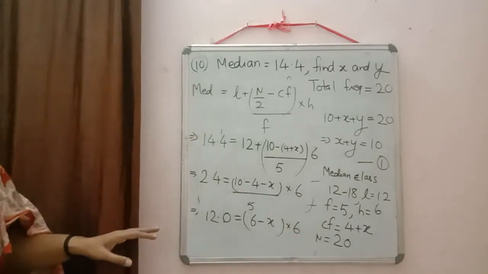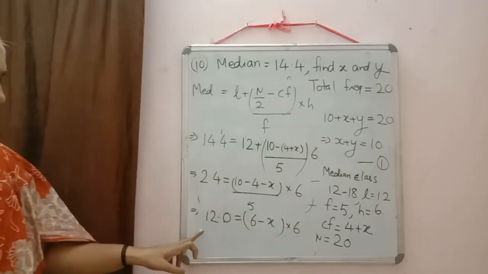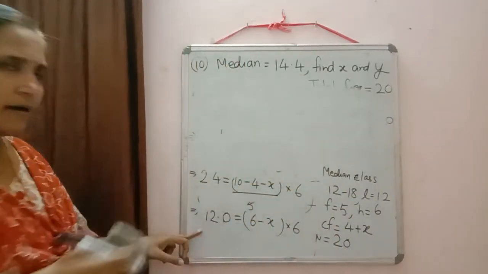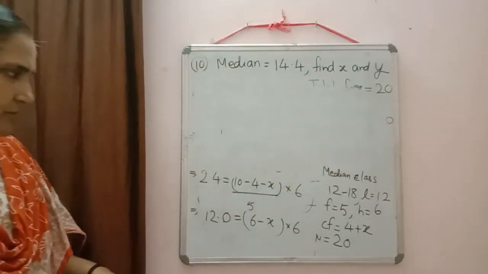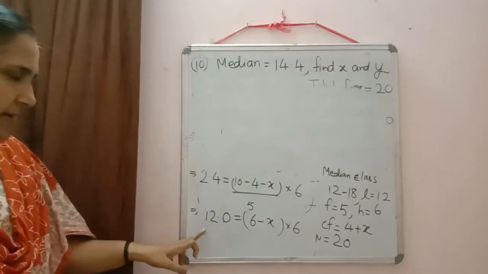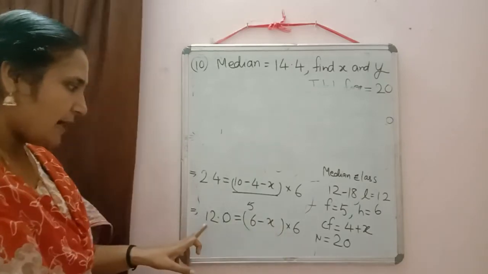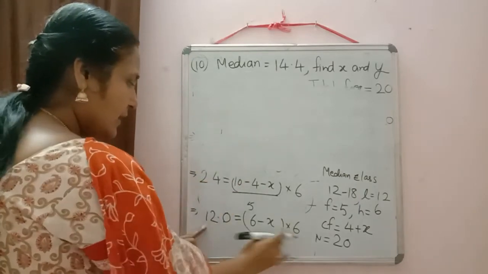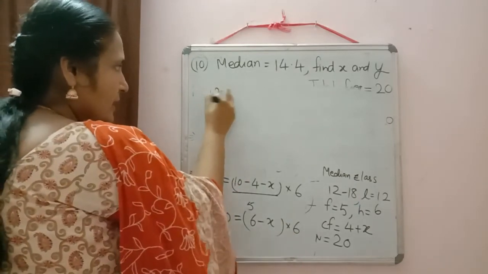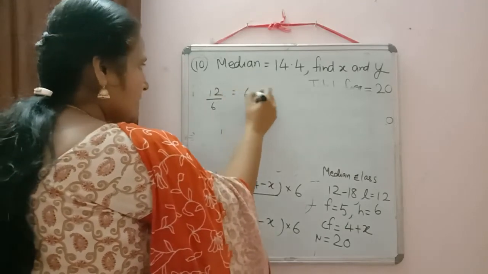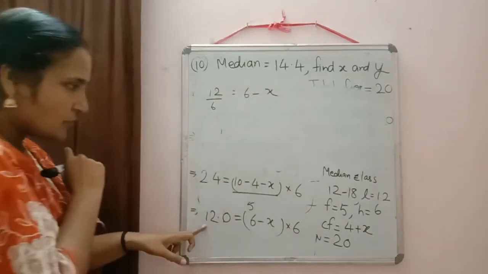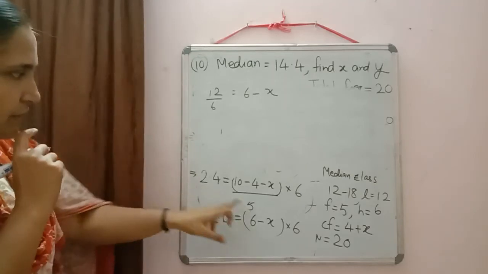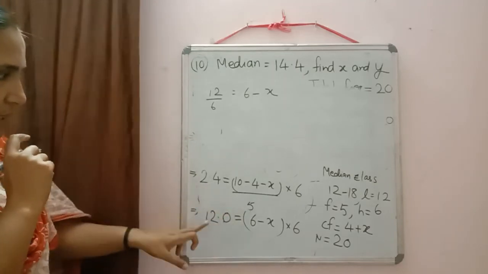Now it depends on you. Either you can shift 6 to the left hand side or you can multiply 6 there. How you want, you can do that. So suppose I am shifting this 6 here. Here 6 is multiplied, so when I change the position, it will get divided. So we will get 12 divided by 6 is equal to 6 minus x. 5 4s are 20, 5 2s are 12.